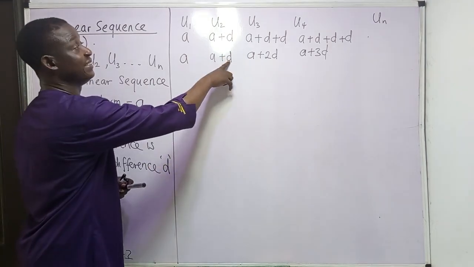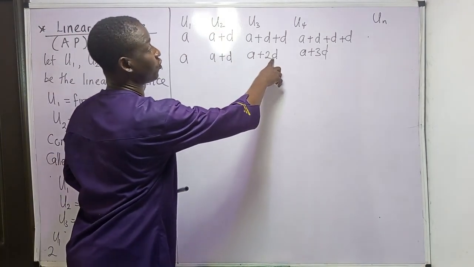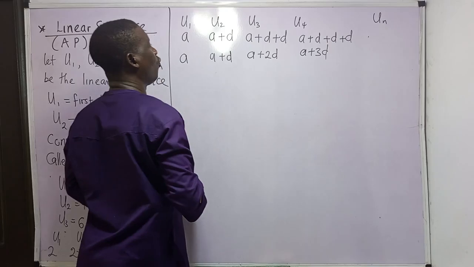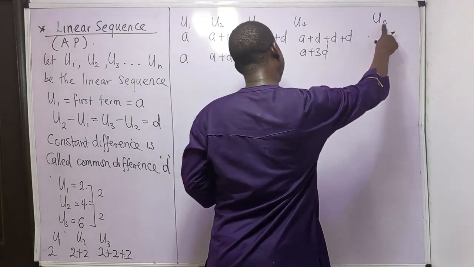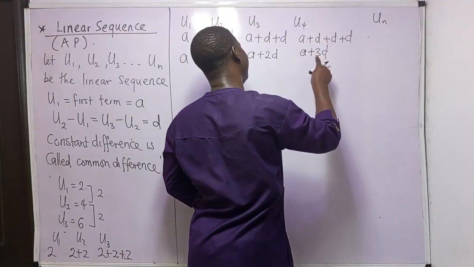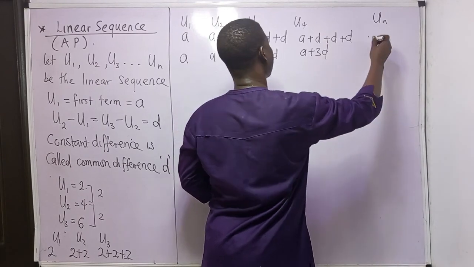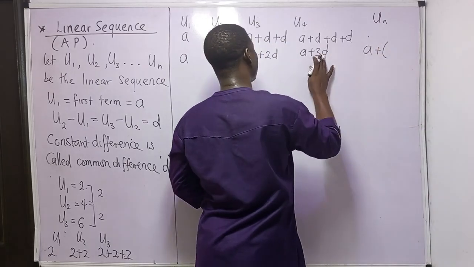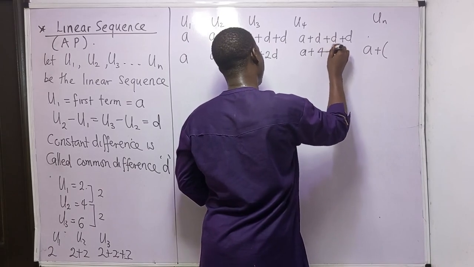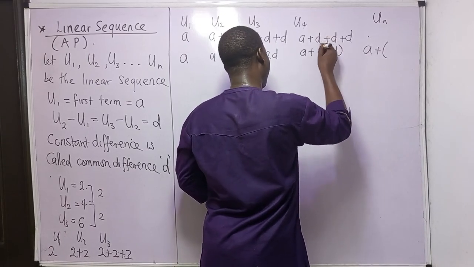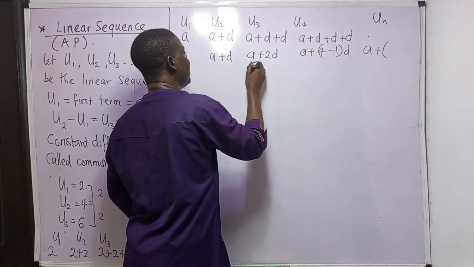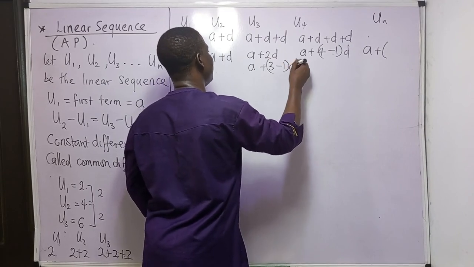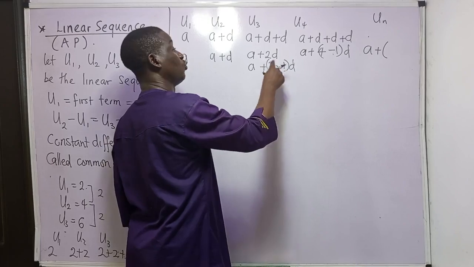Now, there is something you have to notice. When this one was 1D, this one was 2. When this one was 2D, this one was 3. When here was 3D, here was 4. Therefore, the difference between 4 and 3 is 1. So this one can be written as A plus 4 minus 1 times D. This one can also be written as A plus 3 minus 1 times D, because 3 minus 1 is 2.